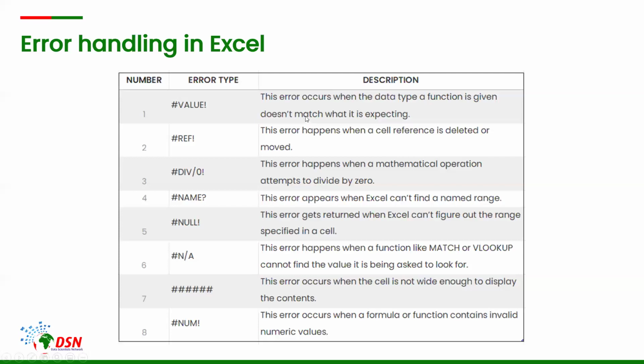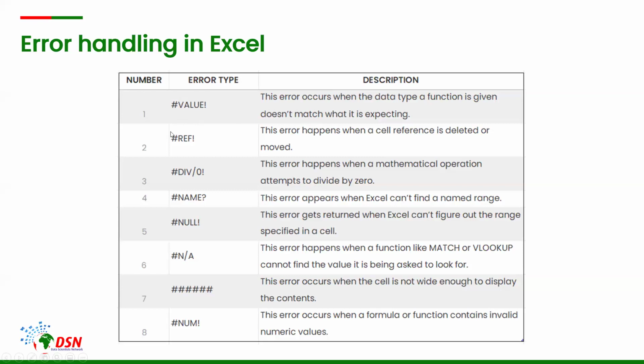Like I'm trying to do addition, say 6 plus 4, and I have 6 plus car. It's going to return a value error because the reference cell is not supported. So that is why we can have a value error.